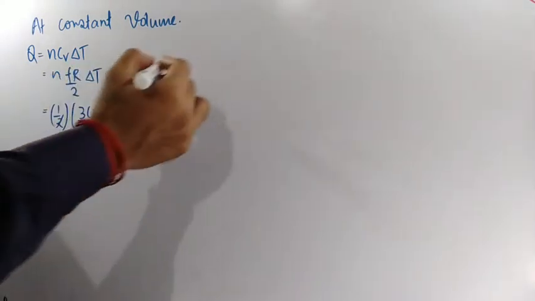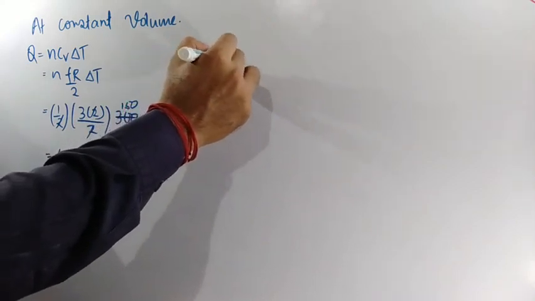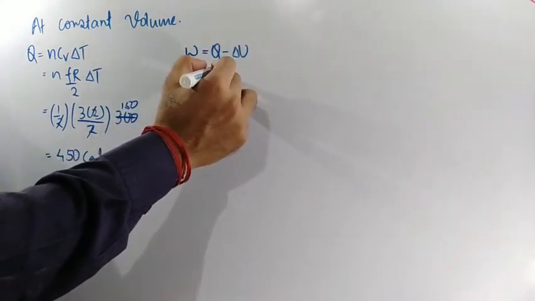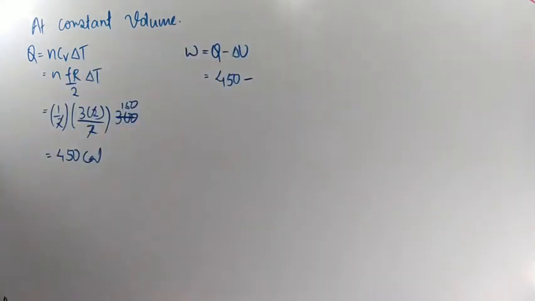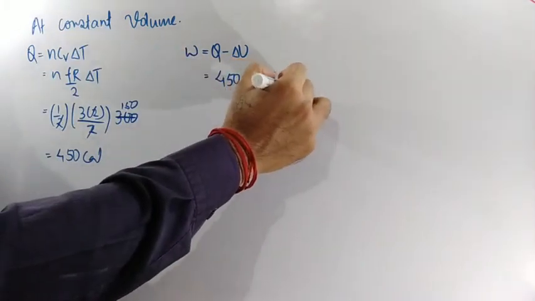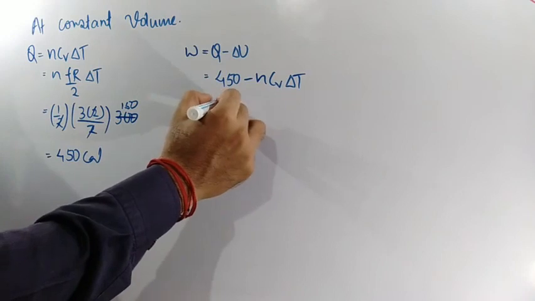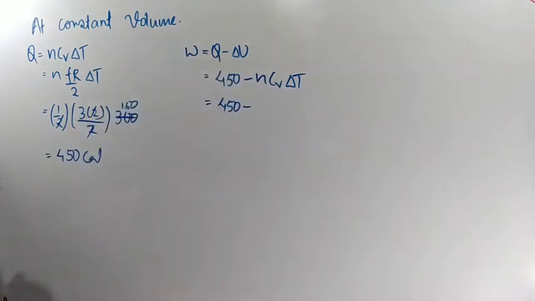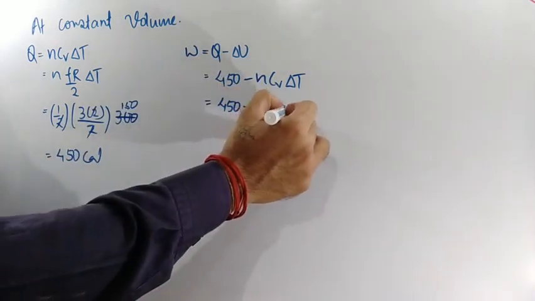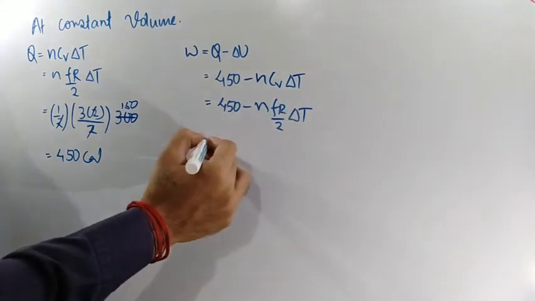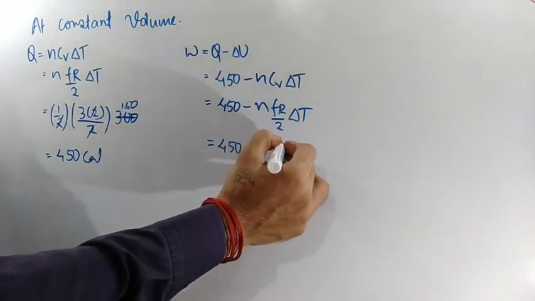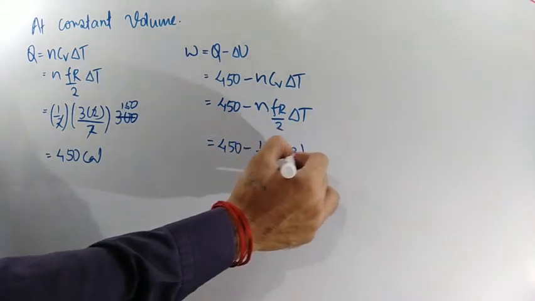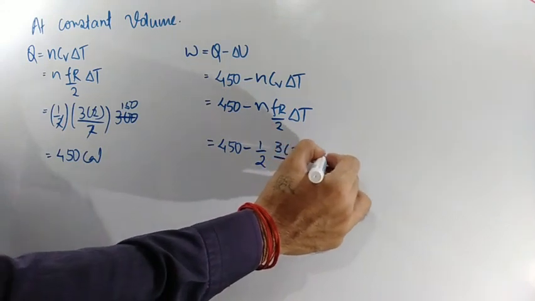Work done formula is Q minus internal energy, from the first law of thermodynamics. The Q value you calculated here is 450, minus delta U. Delta U is nothing but the change in internal energy, n Cv delta T. So 450 minus n Cv delta T, and Cv is f R by 2 delta T. Substitute 450 minus half, f value is 3, R value is again 2 divided by 2, into 300.